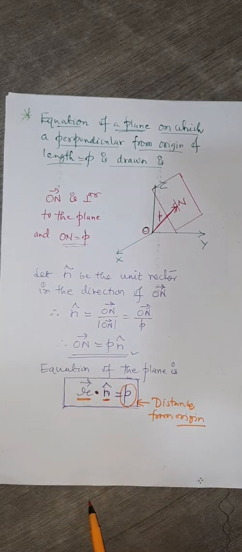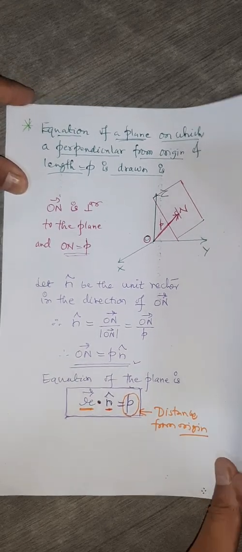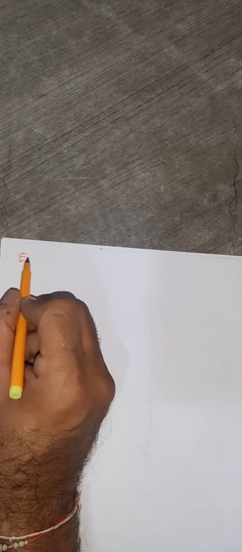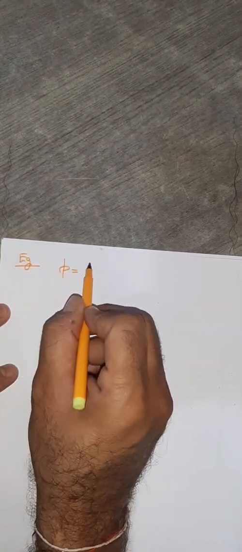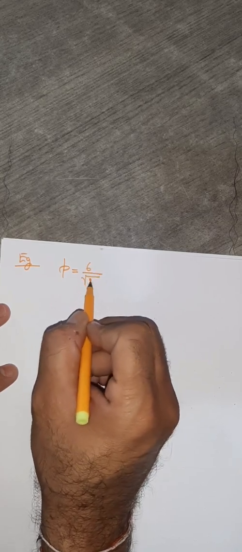So let me take one simple example. You will realize here I'm just taking one example. For example, you are given the perpendicular distance p equals 6 by root 29. This is given to you.